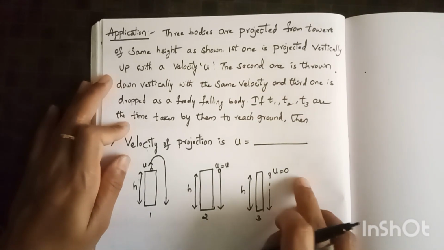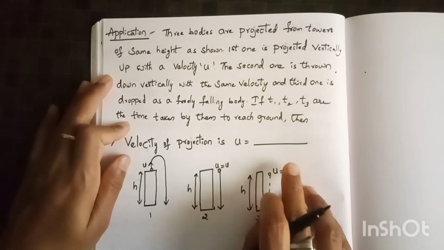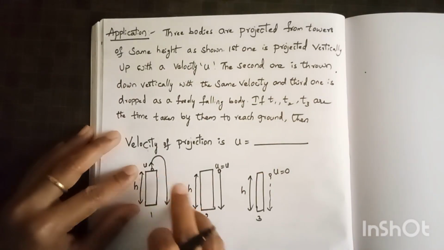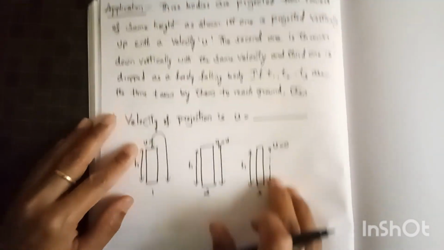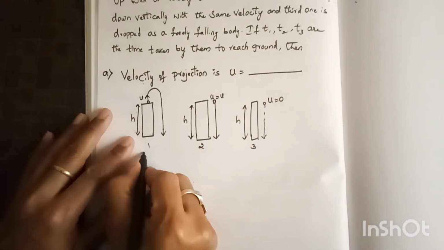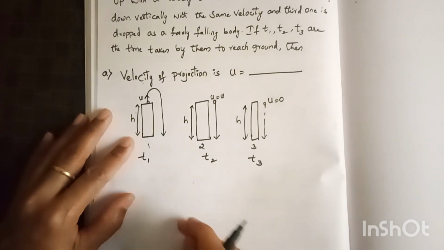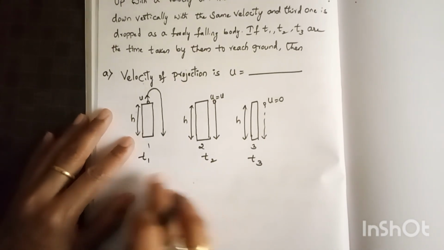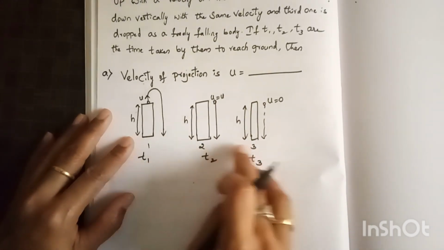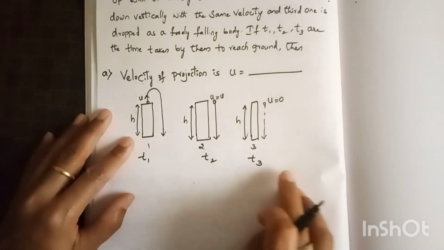As you all know, for a freely falling body the initial velocity is 0. The times taken by the first, second and third bodies to reach the ground are T1, T2 and T3.